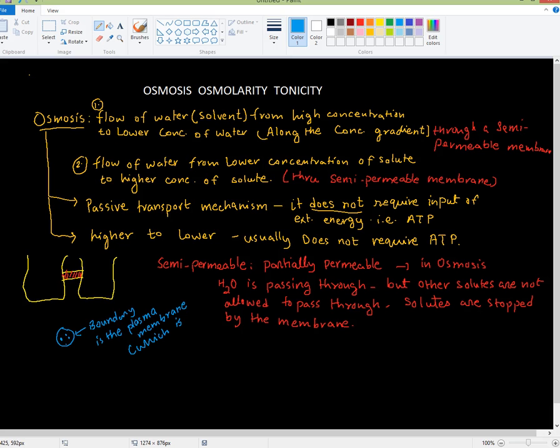So this plasma membrane is semi-permeable, okay.